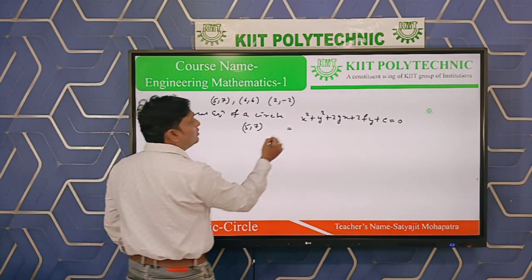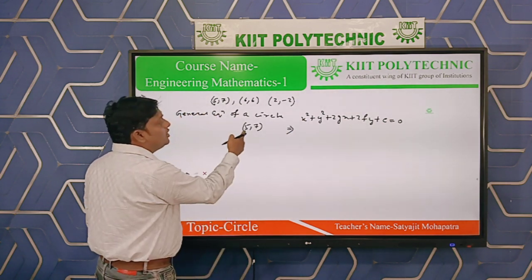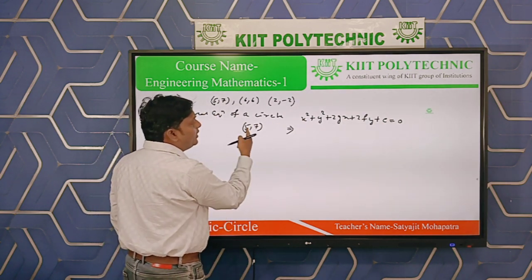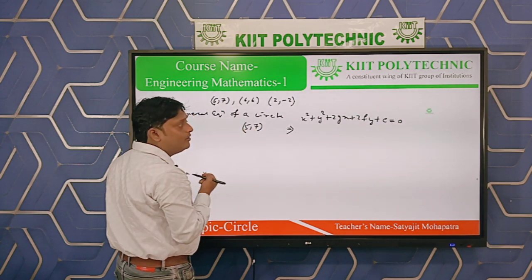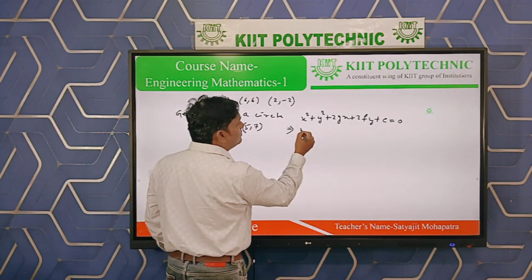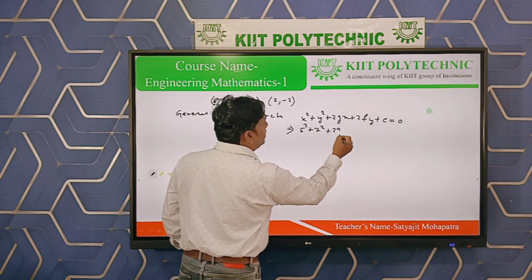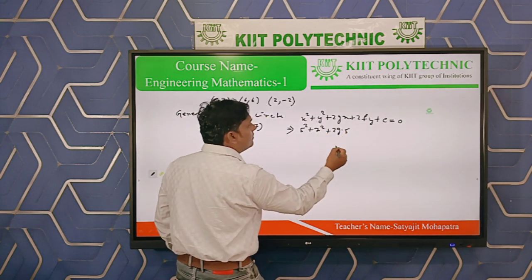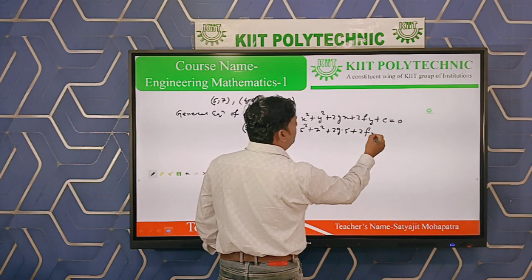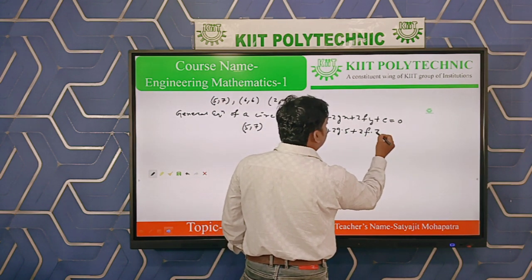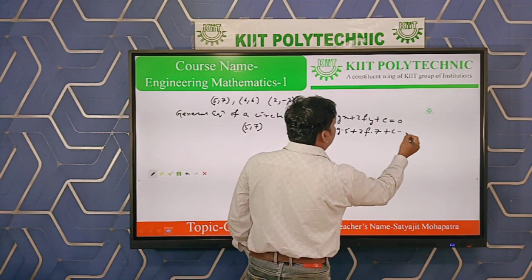So you just have to put in this point. x will be 5 and y will be 7. 5 square, 7 square, 2 into g into x which is 5, 2f into y which is 7, plus c equals 0.